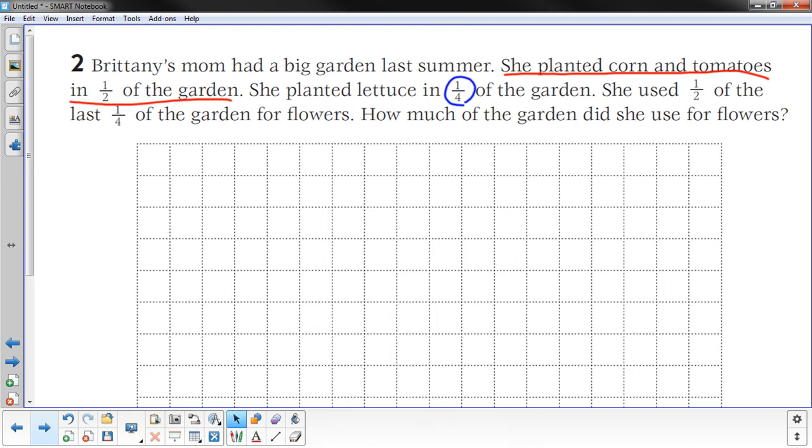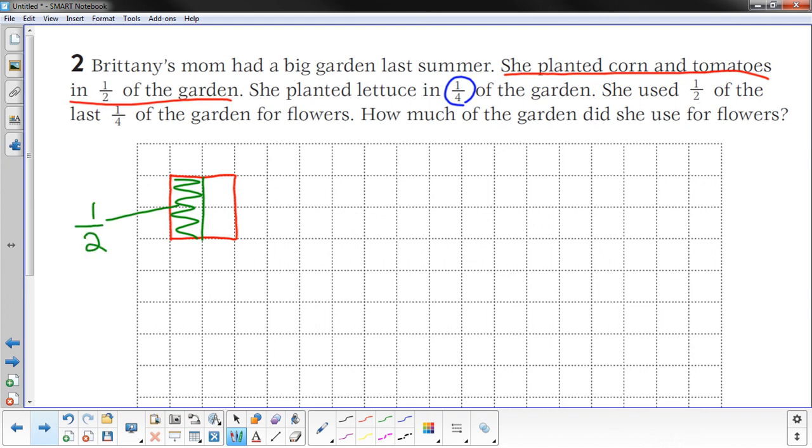I think I'm going to do it like this. And I think I'm going to do this in this half. This is going to be corn and tomatoes from the beginning.